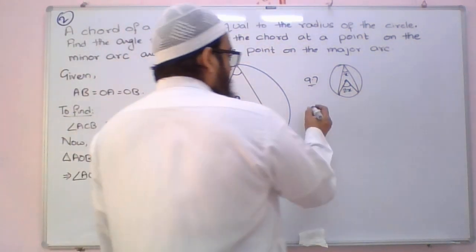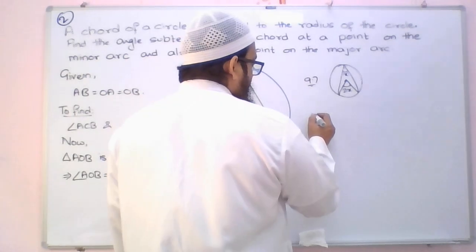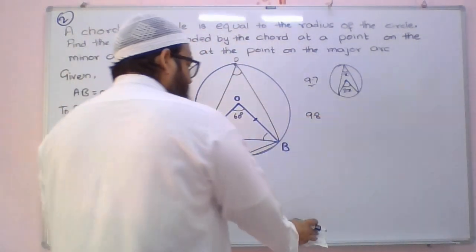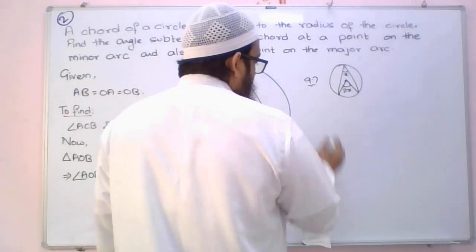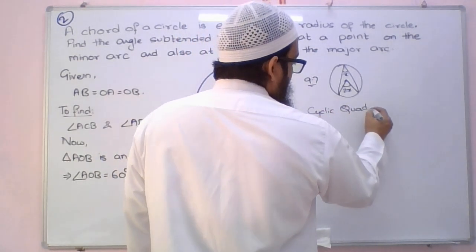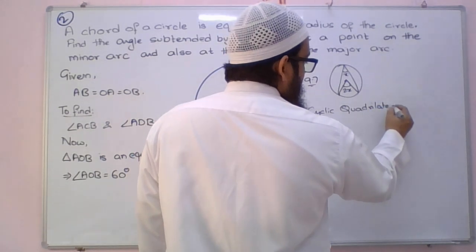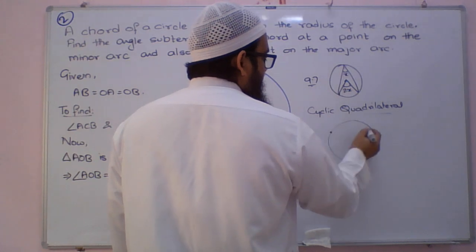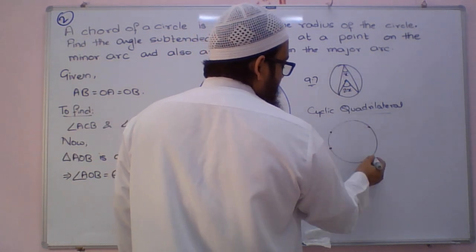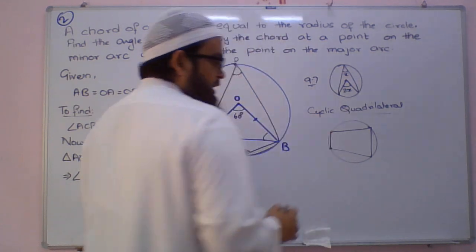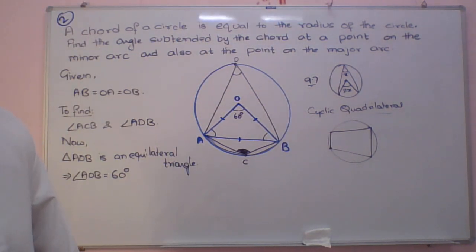And what is theorem 9.9? In a cyclic quadrilateral, if we join any four points on the circle, this is called a cyclic quadrilateral.